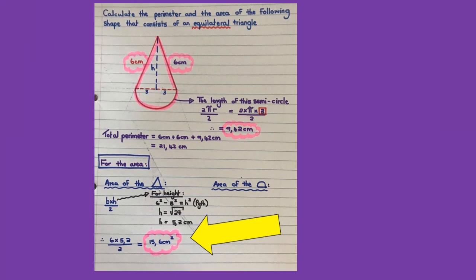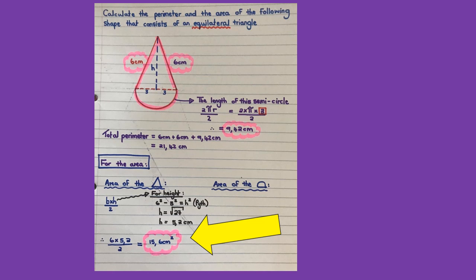Then we insert that into our formula: base, which is 6, times the height, 5.2 centimeters. And please remember, in the formula it's divided by 2. Sorry, I was thinking of the semicircle already. So 6 times 5.2 divided by 2 gives you 15.6 centimeters squared.